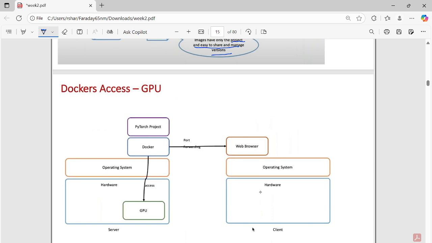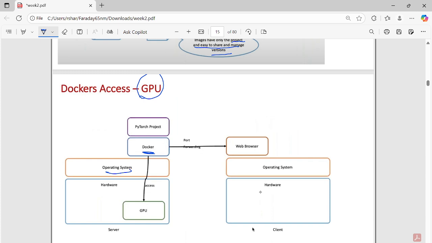Now, Docker accessing the GPU. Dockers give a lightweight solution compared to virtual machines. And in case we want to access the GPU, say a Docker image is running a PyTorch project through this operating system.